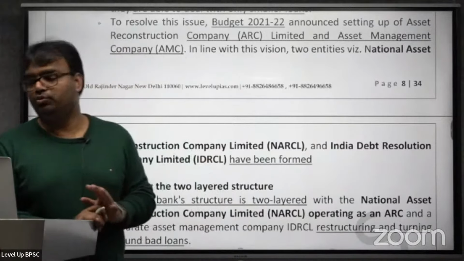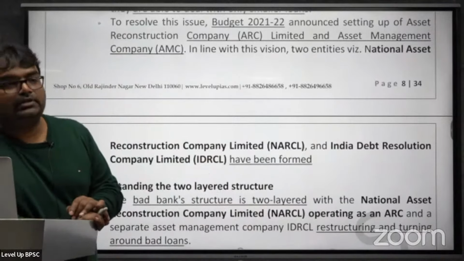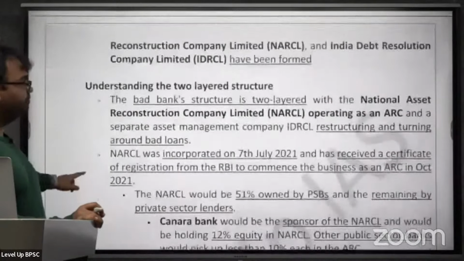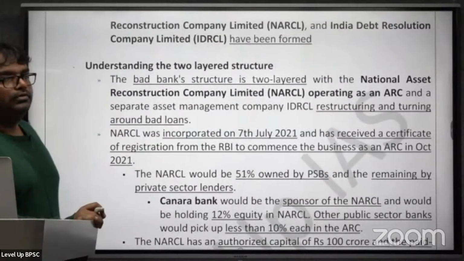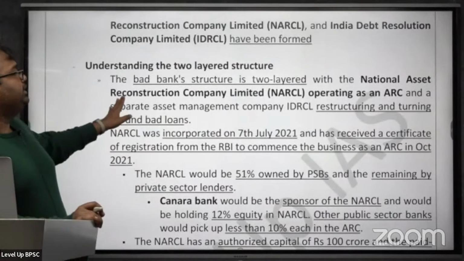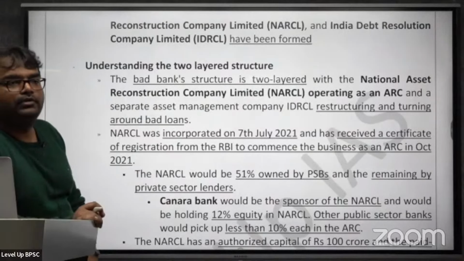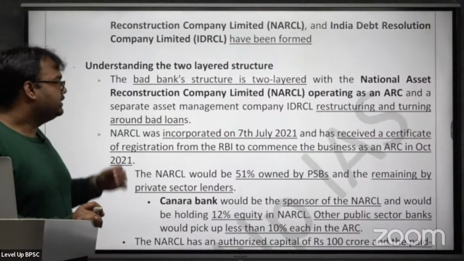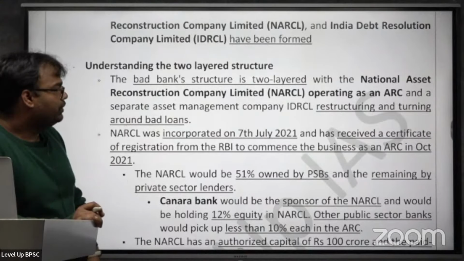These two units of the bad bank have been created. Let's understand this. National Asset Reconstruction Company Limited. What will it do?